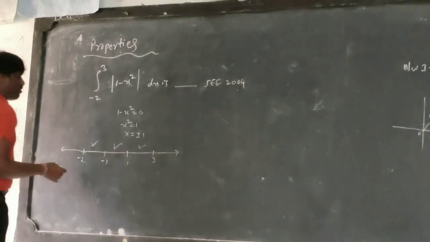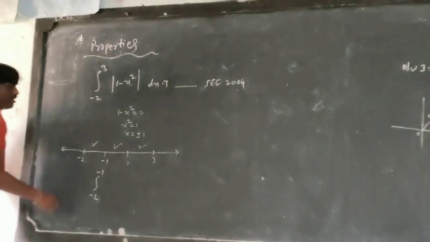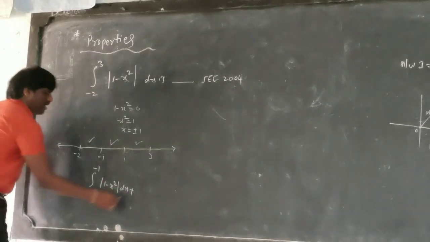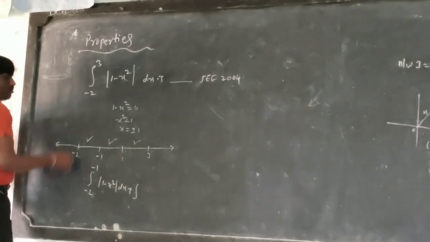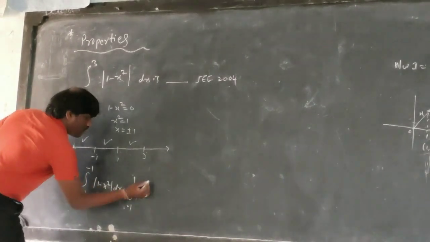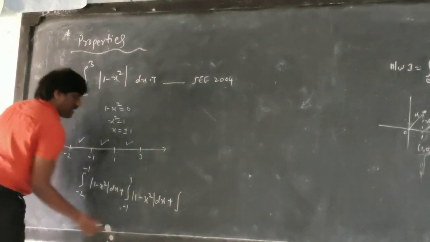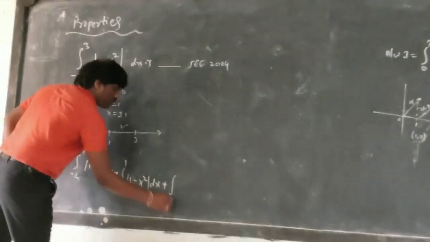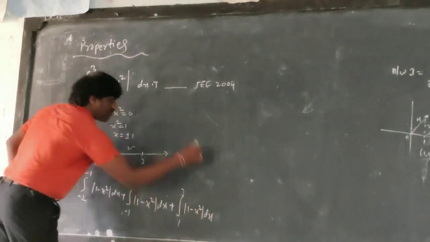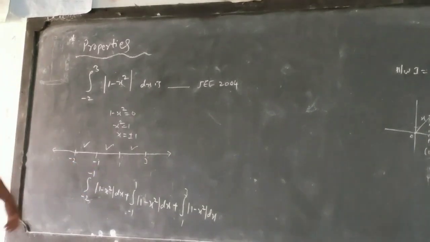So you can write this as integration minus 2 to minus 1 of mod 1 minus x square dx, plus integration minus 1 to 1 of mod 1 minus x square dx, plus integration 1 to 3 of mod 1 minus x square dx. You have to simplify like this.